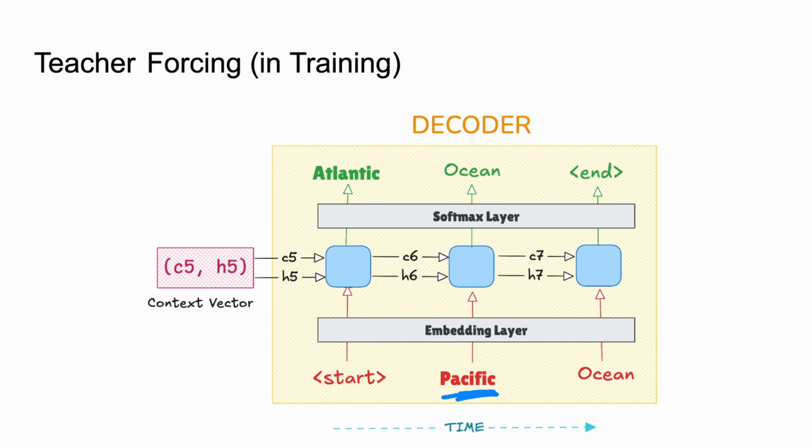Instead of the predicted token, we'll provide the actual token. This will help the model in training, and it will produce a better model as compared to training without teacher forcing. So that's the change in the training phase.